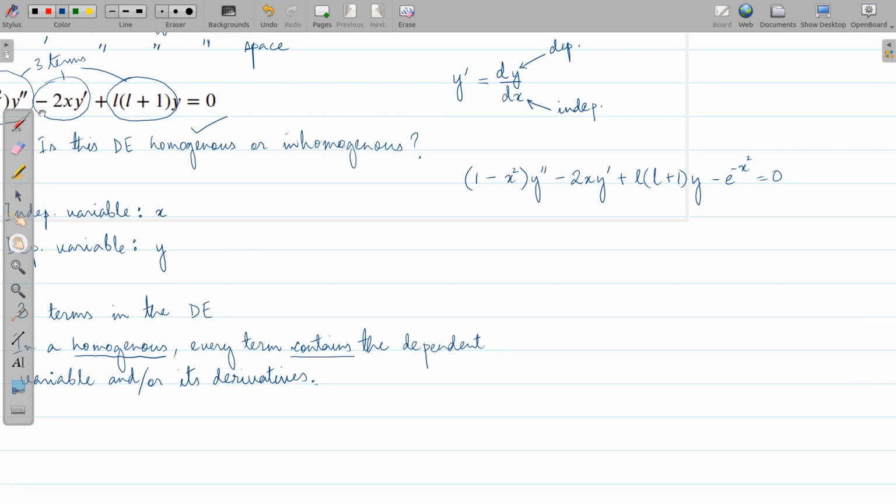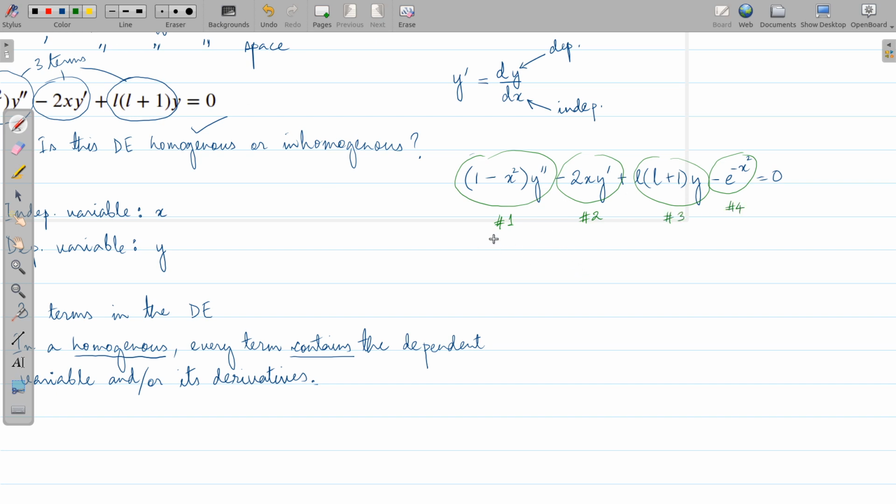Now consider this differential equation. Here how many terms are there? Let's look at the terms. This is the first term, the second term, the third term, and there is one more term, the fourth term.